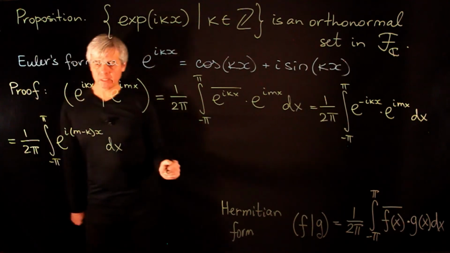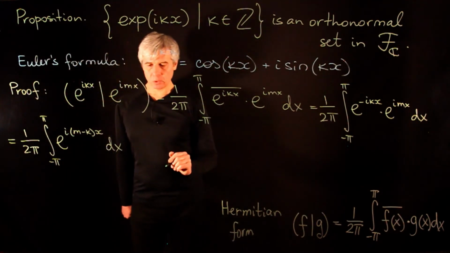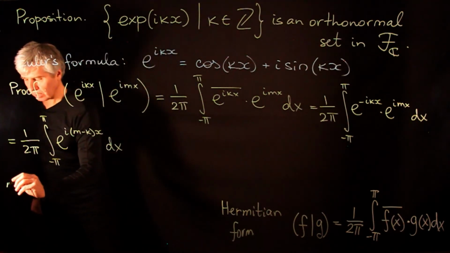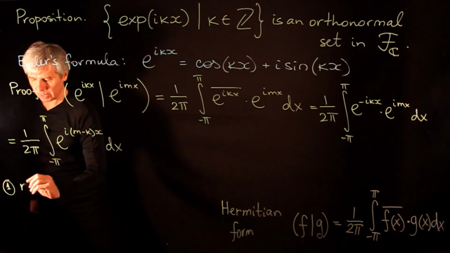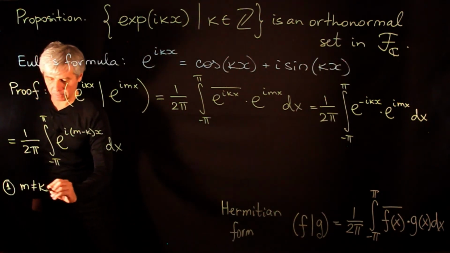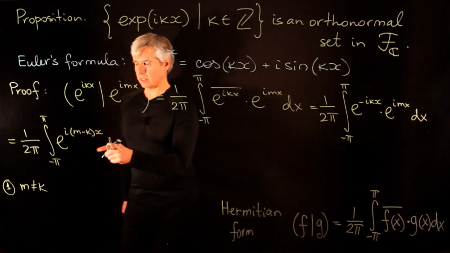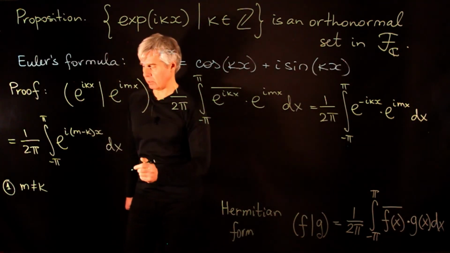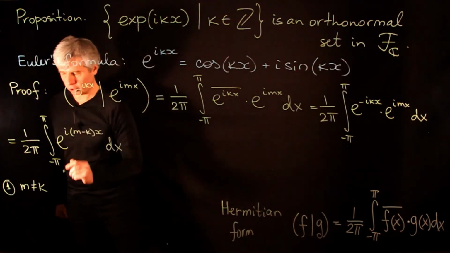And now we consider 2 cases. The first case is when m is different from k. In that case, we can write down the antiderivative of this function.